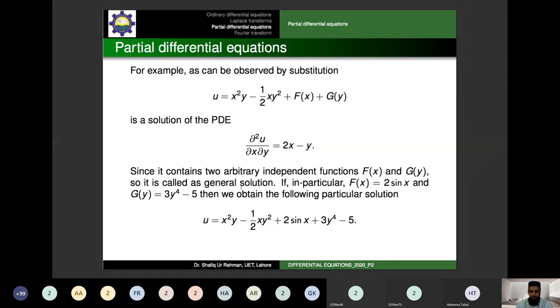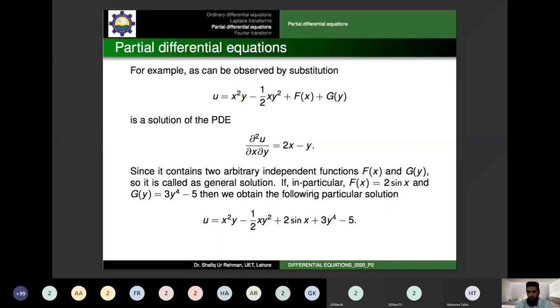On the other hand, if in particular f of x is 2 sine of x and g of y is 3y raised to power 4 minus 5, then we obtain the following particular solution. So plug in those expressions for f and g over here. This is going to be a particular solution, independent of arbitrary independent functions. Just like we get rid of arbitrary constants by providing suitable values, over here we have to apply the same criterion.